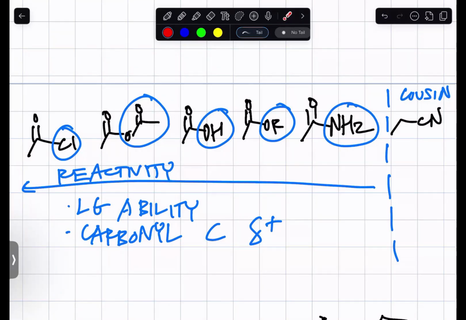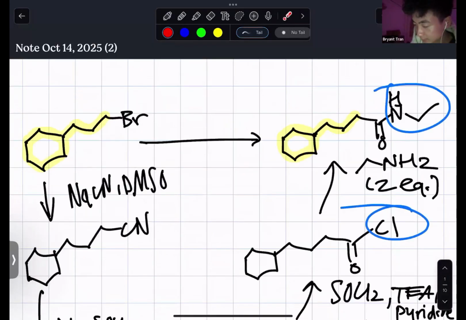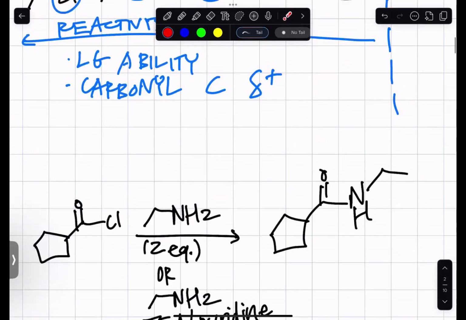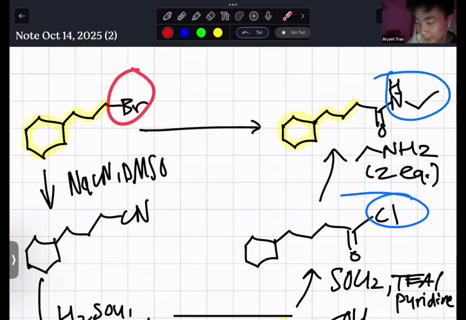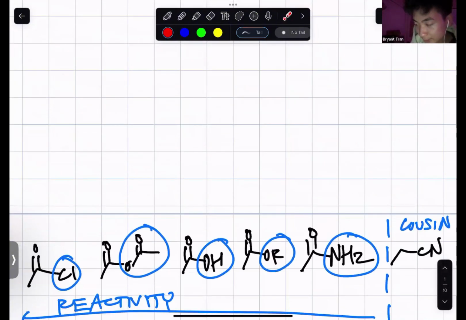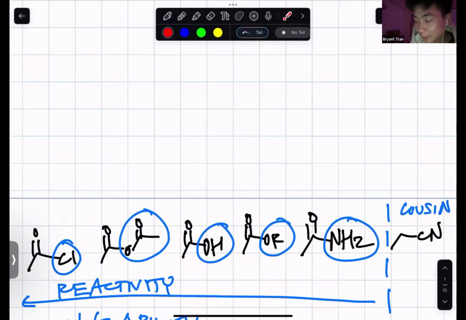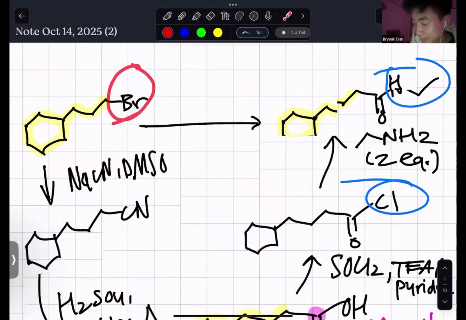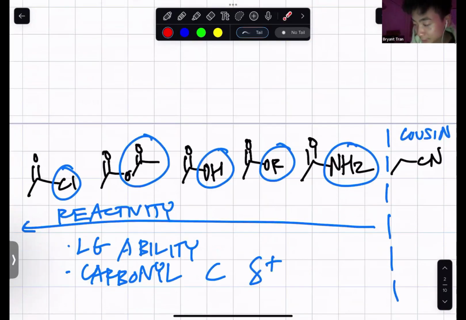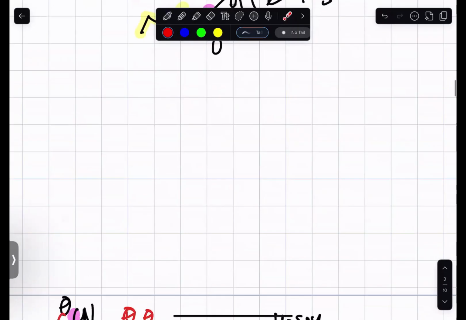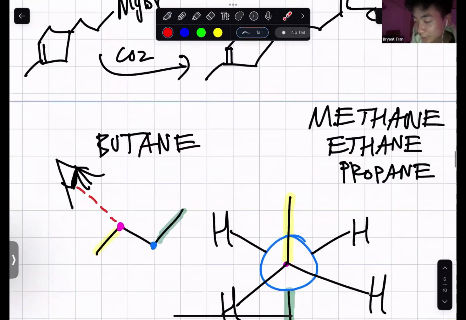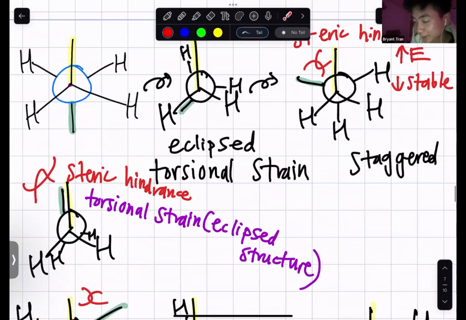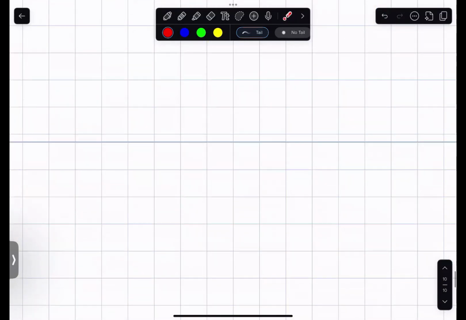But we could either use Grignard or NaCN. That's if we have a good leaving group present, right? Like a haloalkane or something like that. We don't. Remember the very first thing you said, when I asked you how to create that carboxylic acid, you said Jones. What did we need to use Jones? What kind of alcohol? Primary, secondary, or tertiary? Primary. Do we have a primary alcohol here?